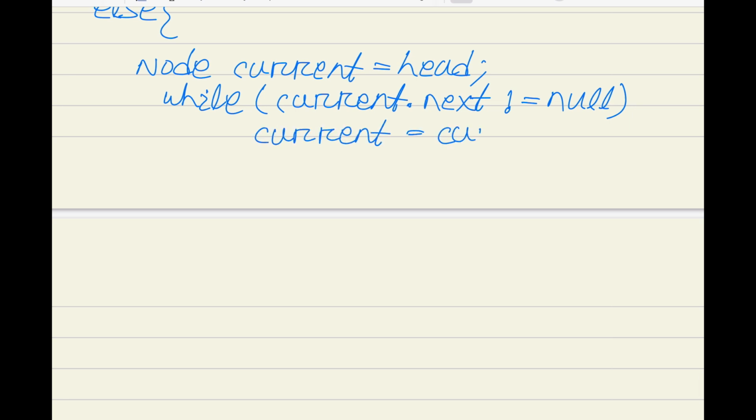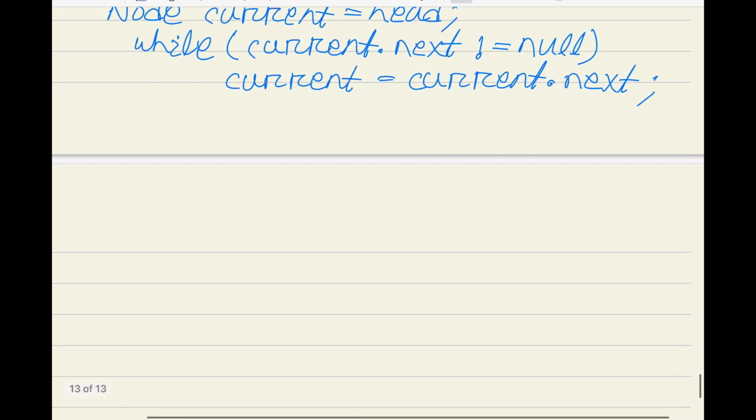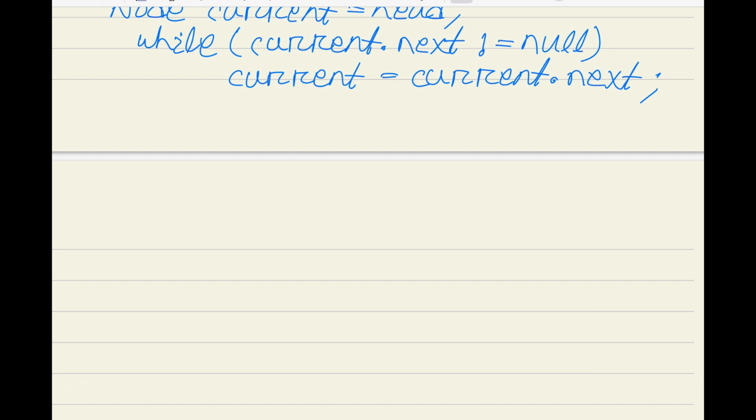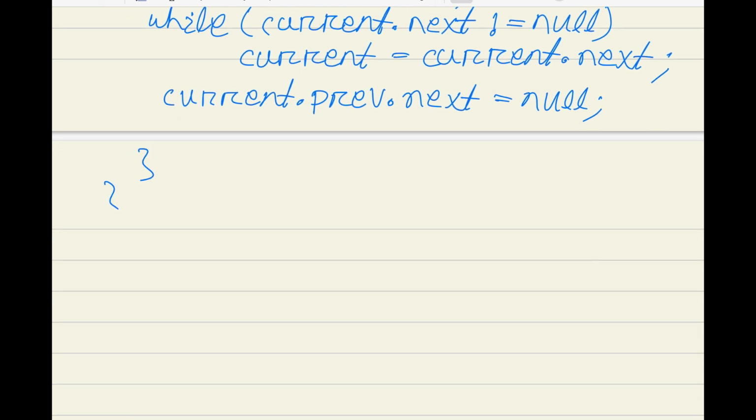Current equal to current dot next. So when the loop terminates, the current refers to the last node. So after the loop we can write current dot previous dot next equal to null, then end of else, end of method.